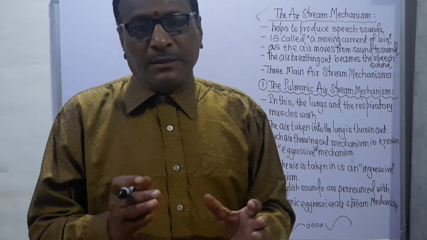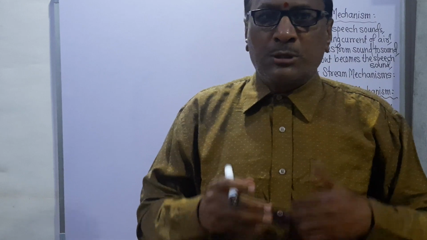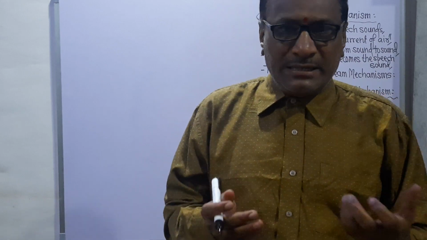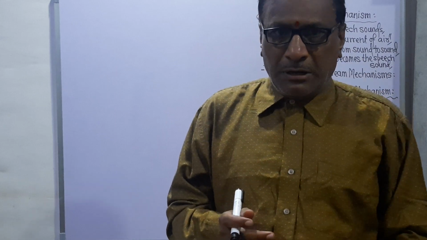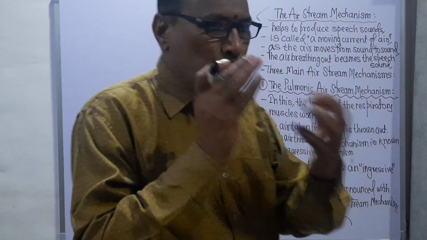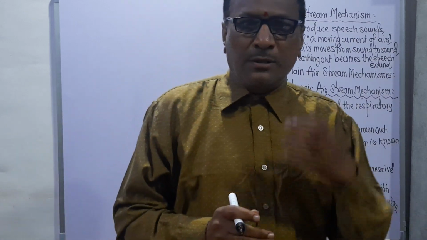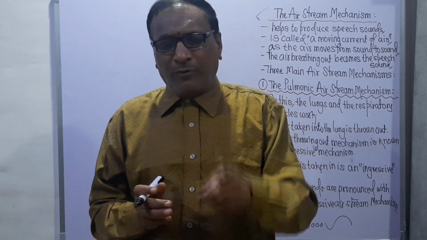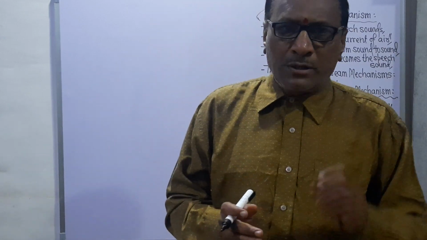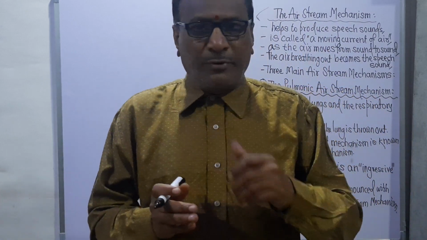Remember, this airstream mechanism helps to pronounce the sounds as per phonetics and phonology. In British Received Pronunciation, the system is very useful, and it helps to pronounce the speech sounds. There are 44 speech sounds: 8 diphthongs, 24 consonants, and 12 pure vowels.